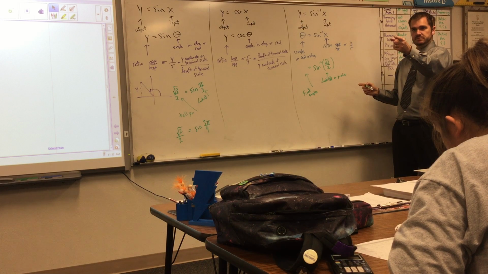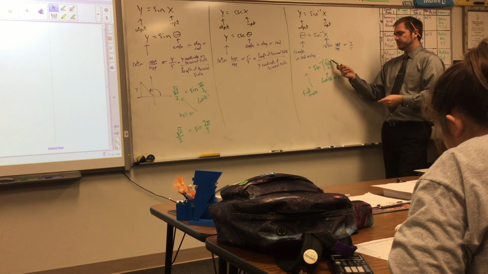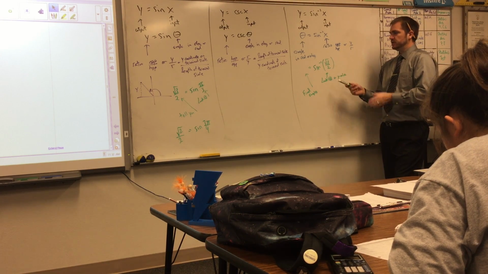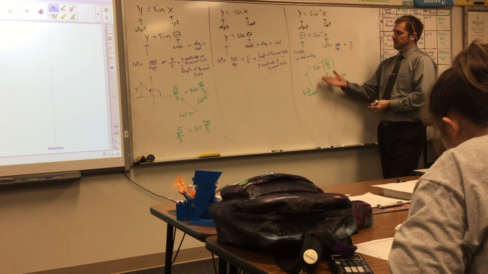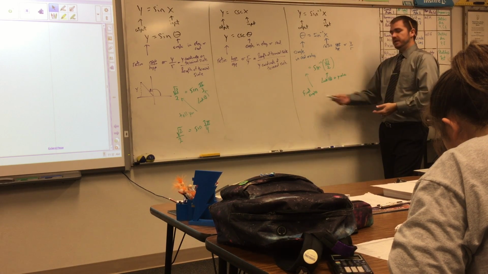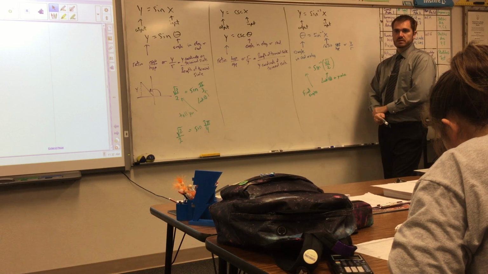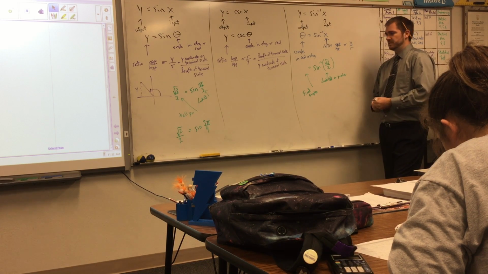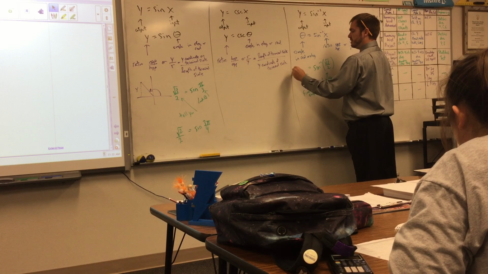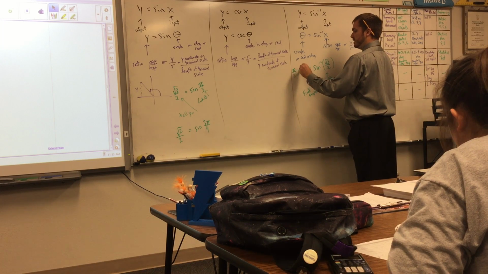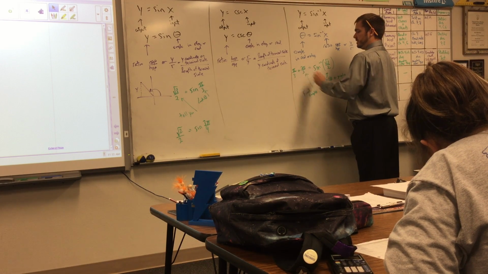Got them? Look for root 3 over 2 on those y values on your unit circle, and tell me what are the angles in radians? 2 pi over 3 and pi over 3. Ooh, there's two of them, pi over 3 and 2 pi over 3.